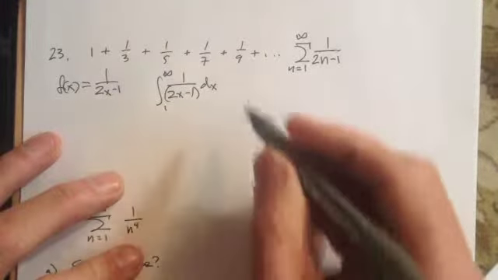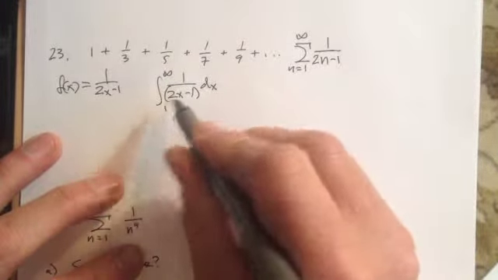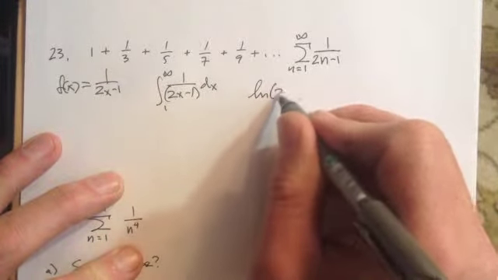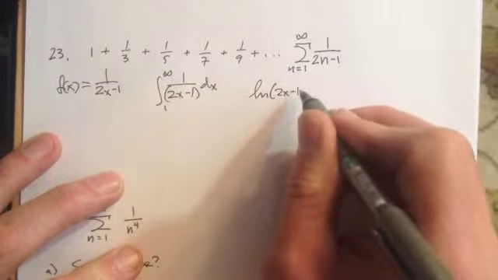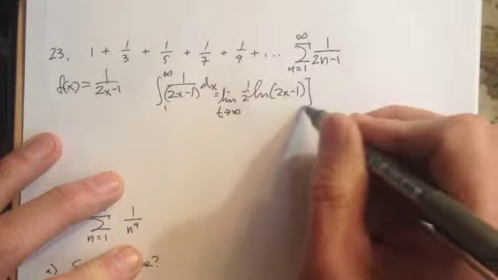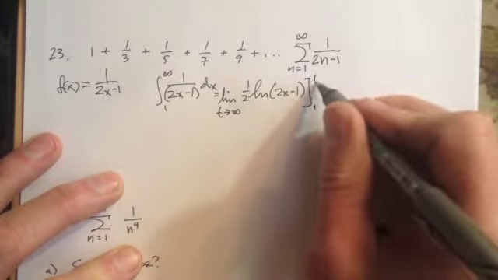Well, what is the integral of that? It looks like it's going to be a logarithm, ln of 2x minus 1. But when I take the integral of the derivative of the inside, I'm going to get 1/2. So this is going to be the limit as t goes to infinity, evaluated from 1 to t.